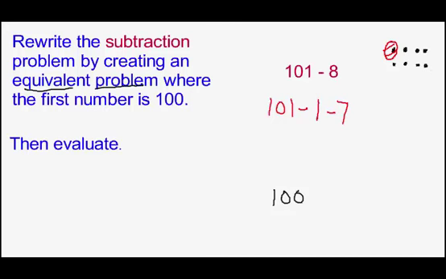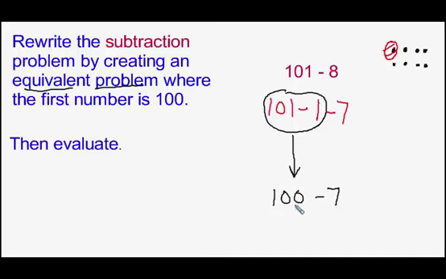So the idea now is that when you take 101 and you subtract off 1 thing, you'd be left with 100. But since you have to subtract off 8 things and you've only subtracted 1 so far, you'll have 7 more things to subtract. The idea is that 101 minus 8 is a harder problem than 100 minus 7.